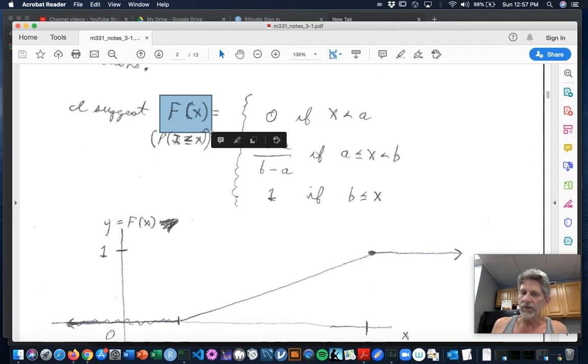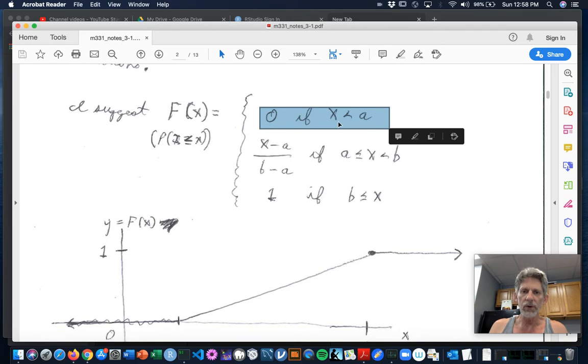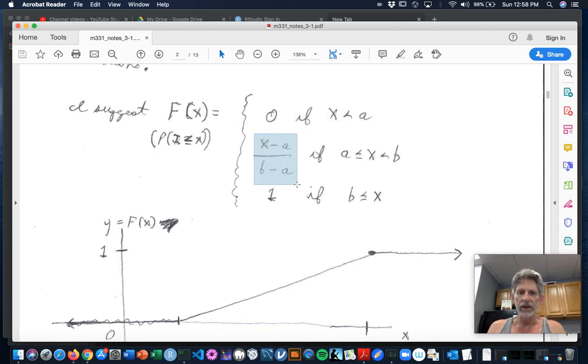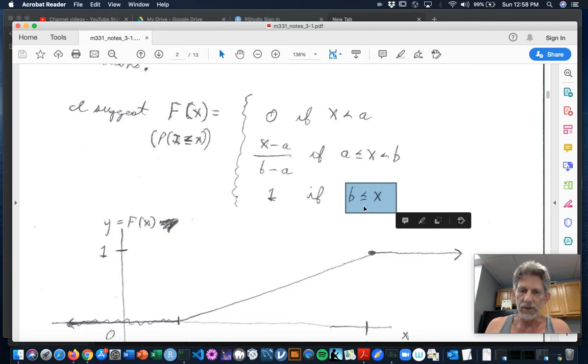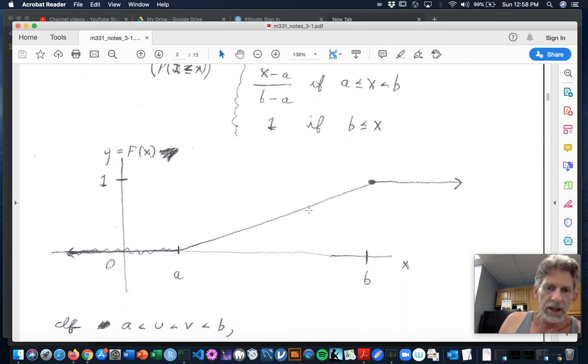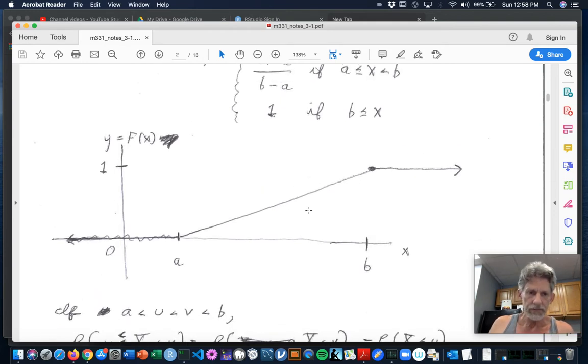This capital F of x here is a piecewise defined function that's going to be 0 if x is less than A. It's going to be that expression if x is anything from A to B, bigger than or equal to A, but less than B. But as soon as you get to B or higher, it's going to be a 1, okay? So here's its graph.